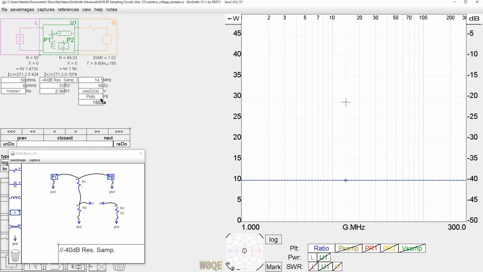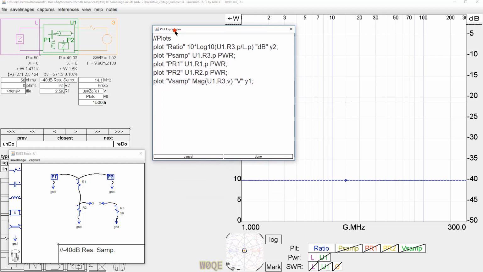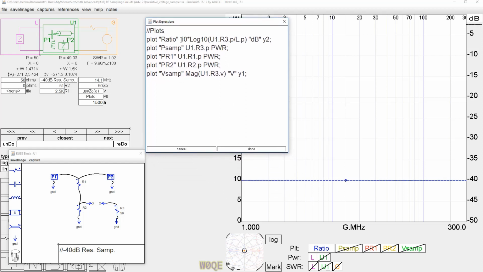And this 40 dB number is measured, letting SimSmith do the work again for us, as it's the ratio of 10 log of the power on the output of this resistor here that goes to the monitor divided by the power at the load. Now this circuit shows an internal 2.5 k ohm resistor, a 51 ohm resistor, and then a 50 ohm load out here. So X here is your cable that connects between your monitoring circuit and your device that's making the measurement.